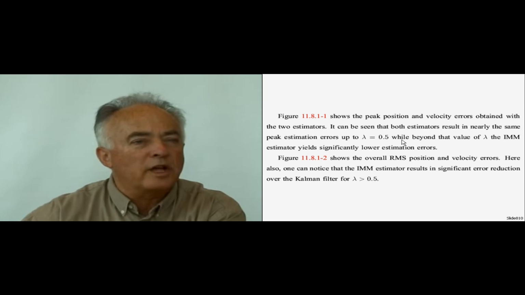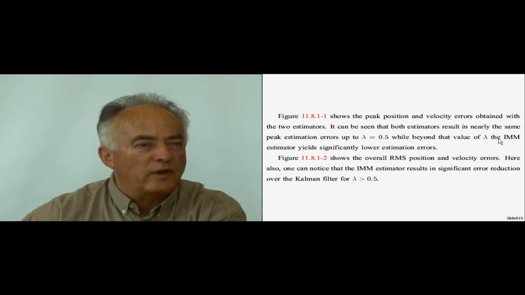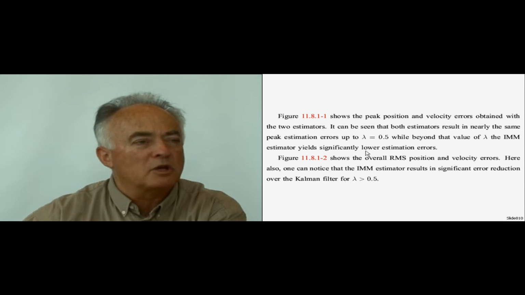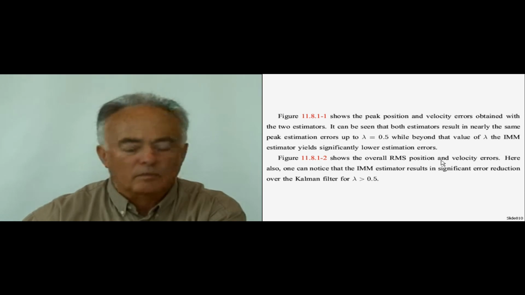While beyond that value of lambda, the IMM is significantly superior in terms of providing lower estimation errors. And then we'll see the position and velocity errors overall across both maneuvering and non-maneuvering intervals.